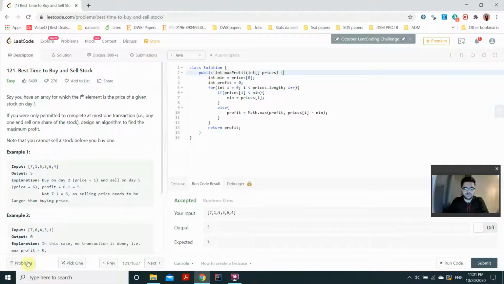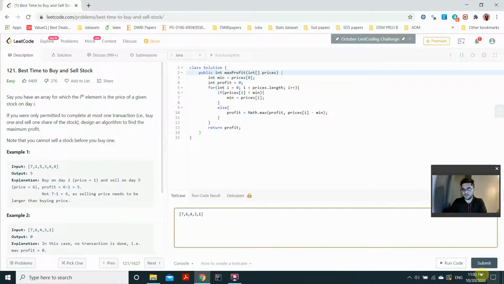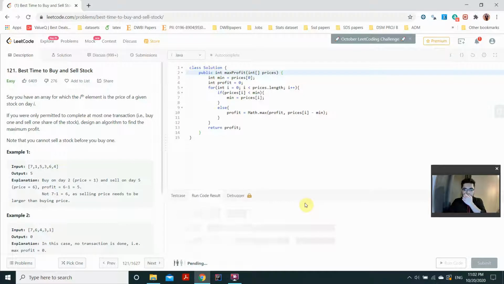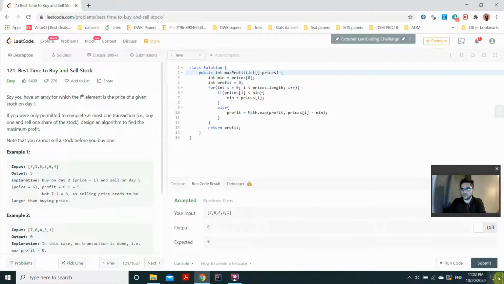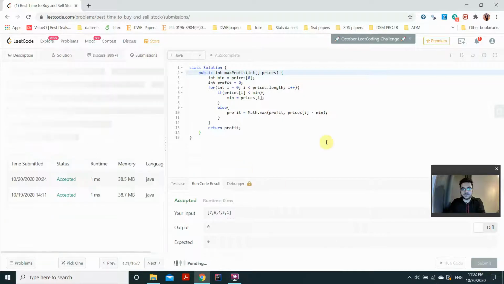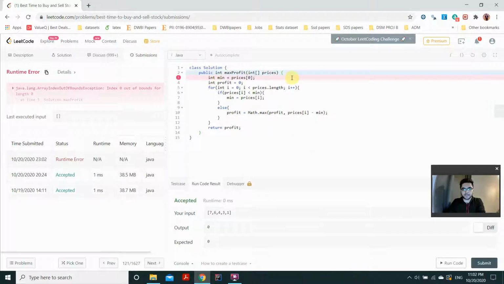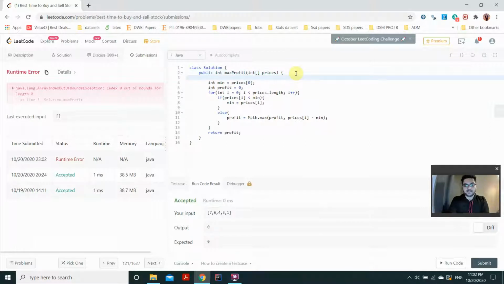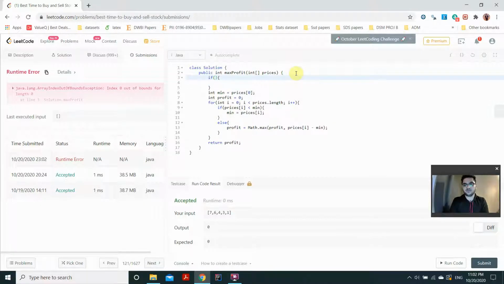Let's test it for the second test case. Oh, it did work. I'll try submitting it. Oh, we need to check whether there is no input value.